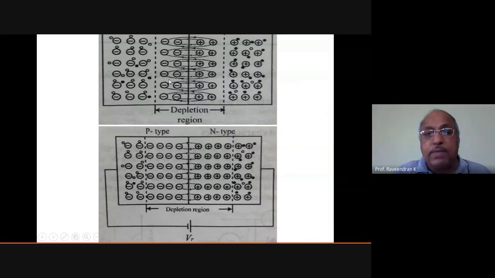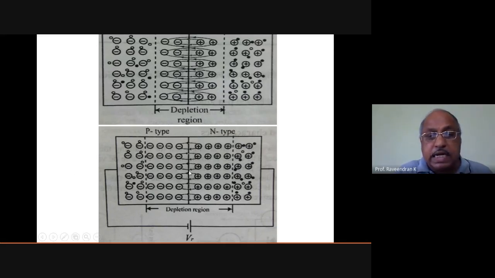Without any voltage source applied, this is the width of the region due to the recombination of electron hole pairs. But when the voltage applied to the PN junction is reversed, with P-type connected to the negative polarity and N-type connected to the positive polarity, that is what is called the reverse bias. In this condition, the depletion region at the PN junction gets widened further due to the reason I have just explained.